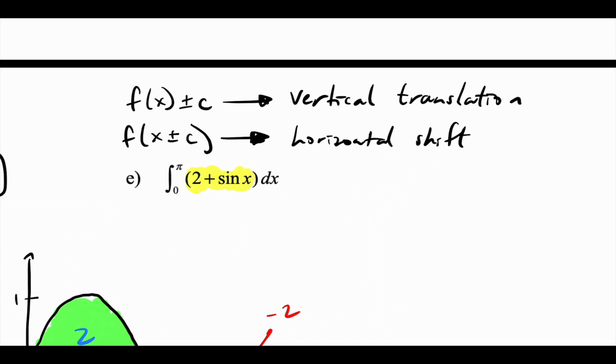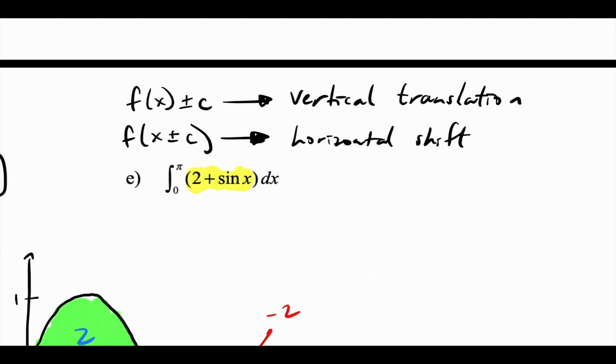If that +2 was with sine, in other words, if it was written like this, that would be a horizontal shift, if it was included with the x. But it's not. The 2 is separate from sine. Part of the function, but separate.